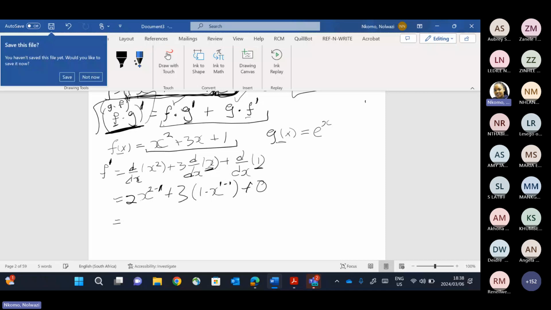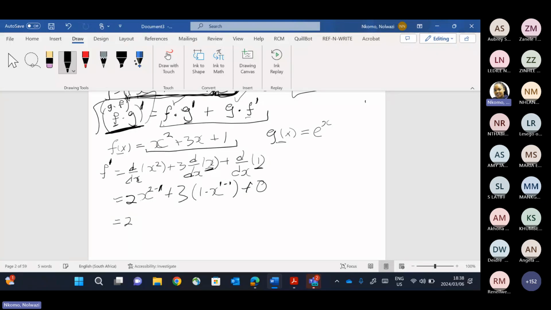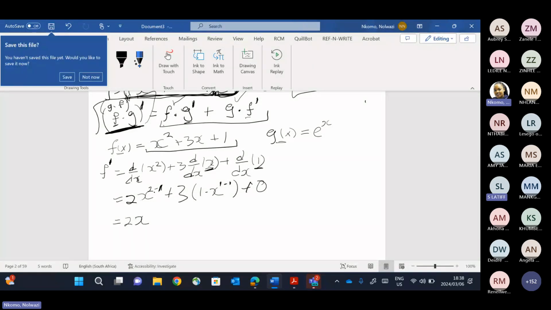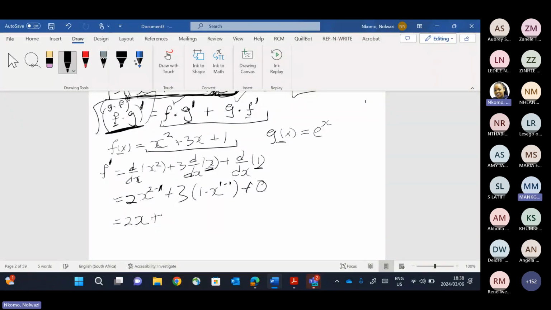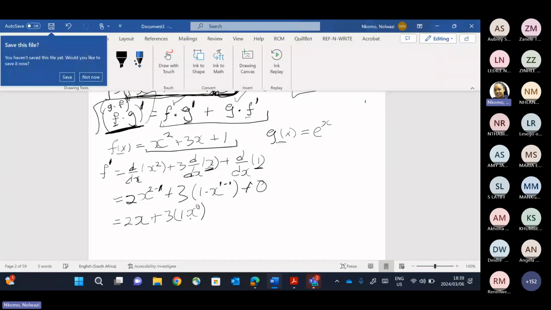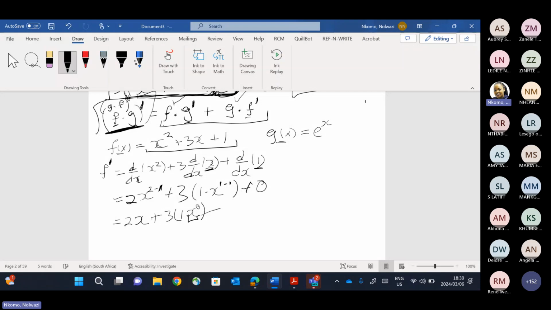Okay, you have 2x to the power 2 minus 1, which is 1. So there's no need for us to write 1 there. Then plus 3 times 1 times x to the power 1 minus 1, which is x to the power 0. And we said this is equal to 1.